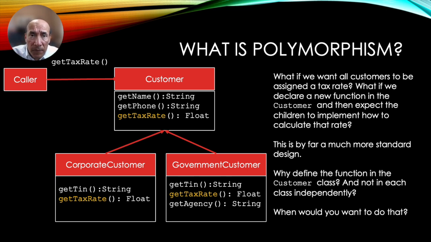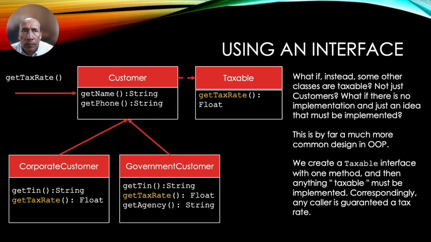You promise to give me a tax rate no matter who you are, and this is the important part of polymorphism: when I loop through my customers, I don't need to ask what kind of customer you are. Just by the fact that you're a customer, at runtime, the instance of your class is going to determine how to get the tax rate for me. All right, you still with me?